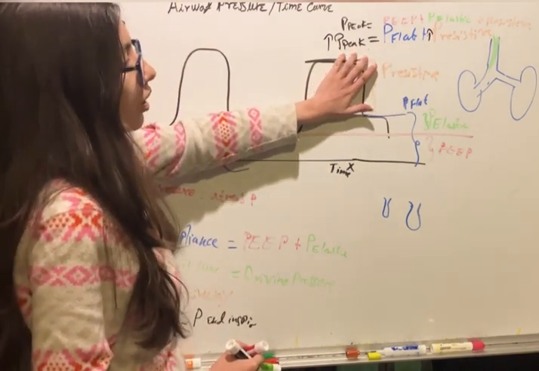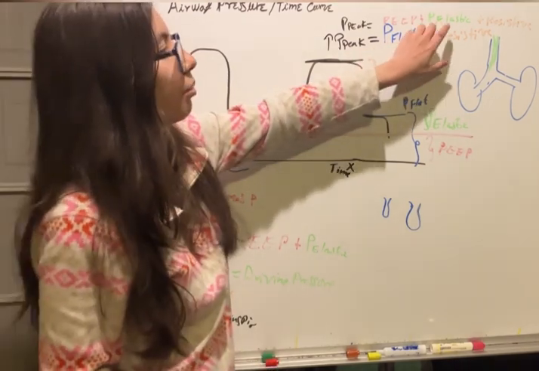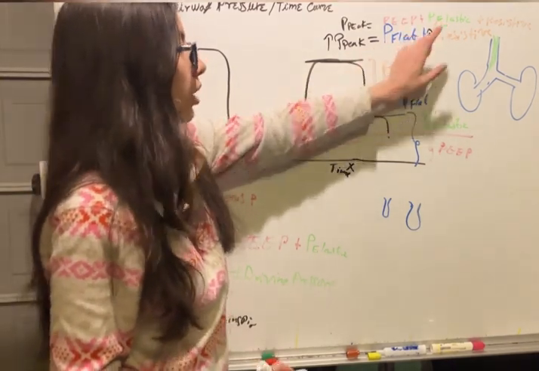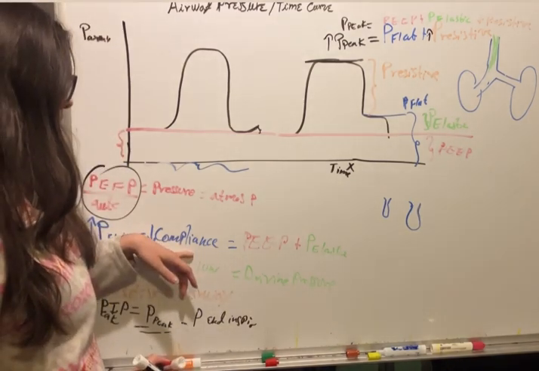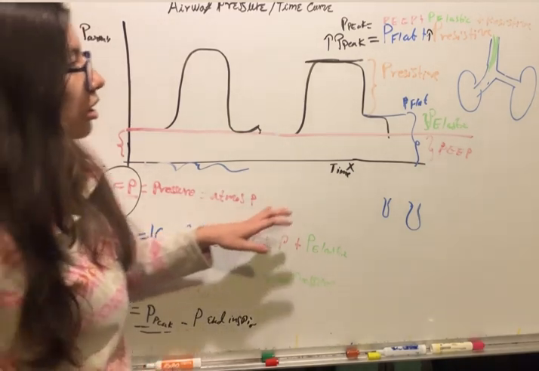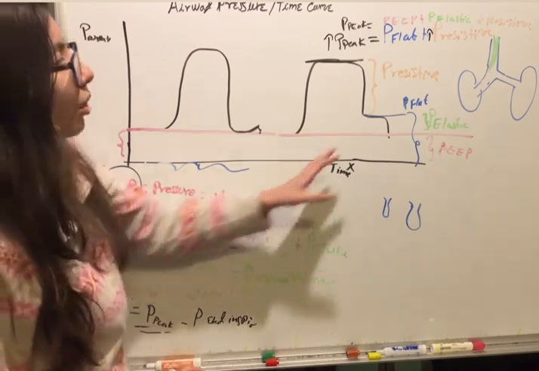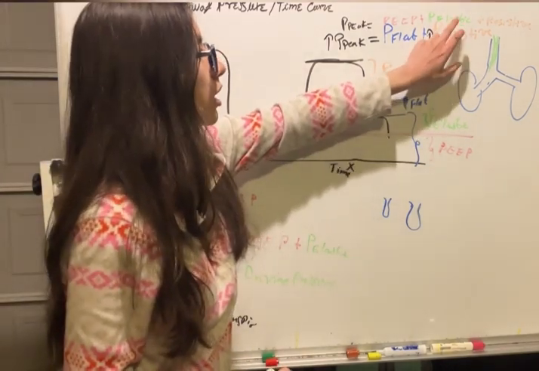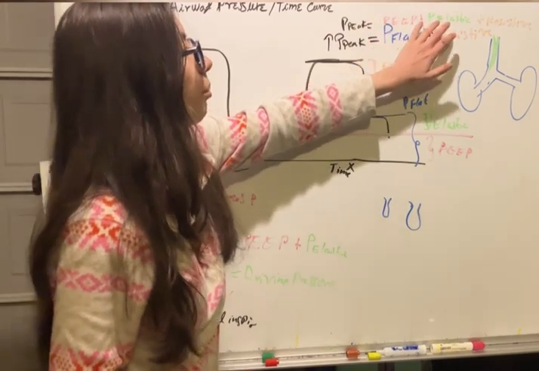On the other hand, if we have an increased elastic pressure, in other words, if we have a decrease in compliance, for example, a stiff lung, this is decreasing compliance. We have an increase in elastic pressure, or we can have an increase in positive end-expiratory pressure.